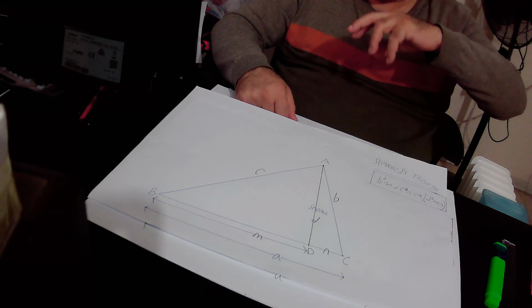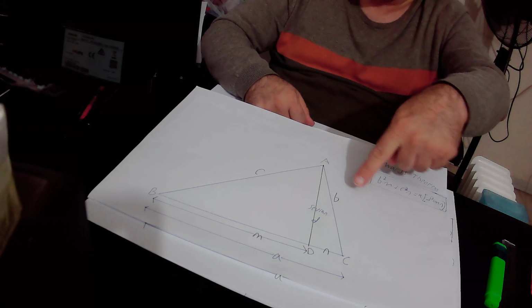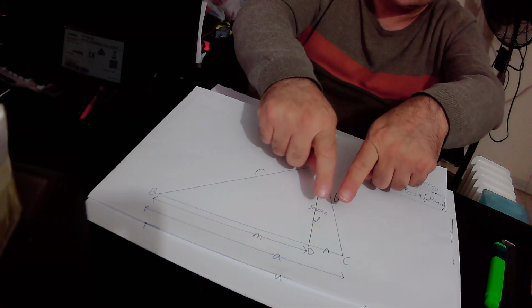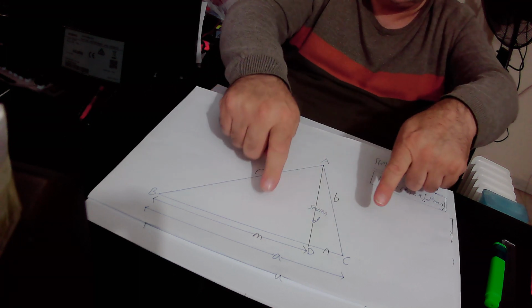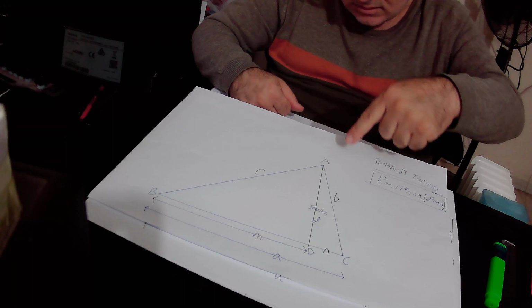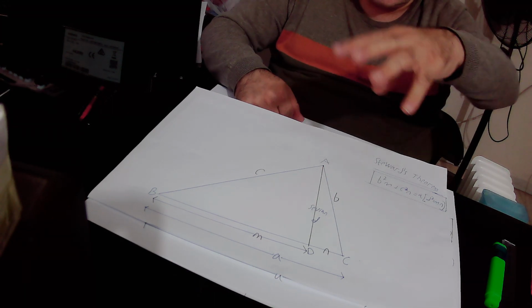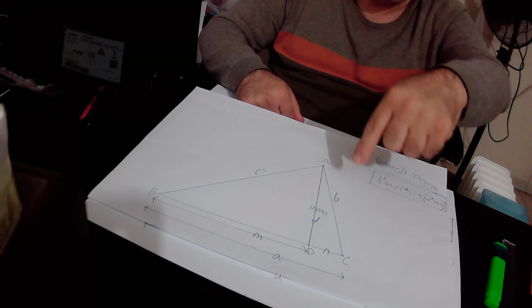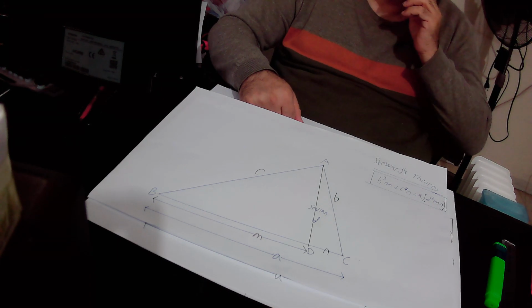In this triangle ABC, the length of side AB is c units, side AC equals b units in its length, and side BC equals a units in its length. Line segment BD equals m units, line segment DC equals n units, and AD is the cevian in this triangle ABC, and the length of the cevian AD is d units.